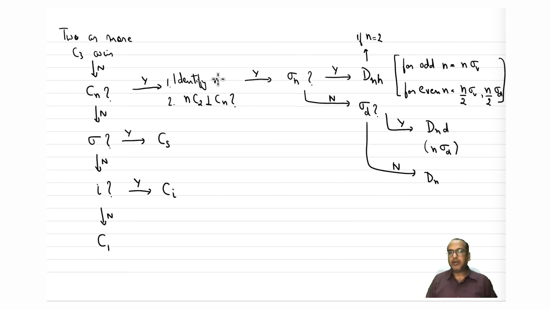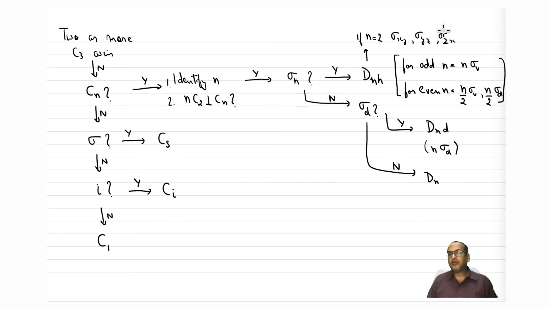So all three C2s lie along x, y, and z coordinates, right? If you put the molecule along the coordinate system, the three C2s will lie along x, y, and z. So in this case, the sigmas are called sigma xy, sigma yz, and sigma zx.